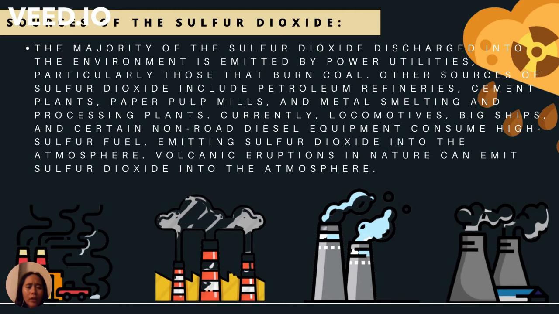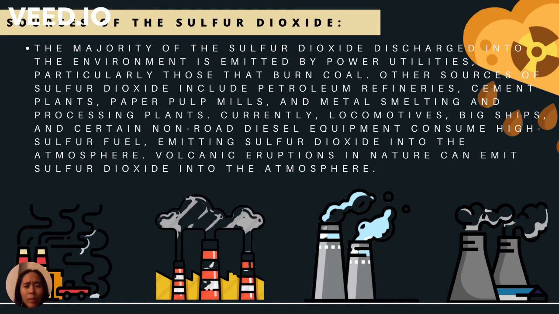So what are the sources of sulfur dioxide? The majority of the sulfur dioxide discharged into the environment is emitted by power utilities, particularly those that burn coal. Other sources of sulfur dioxide include petroleum refineries, cement plants, paper pulp mills, and metal smelting and processing plants.